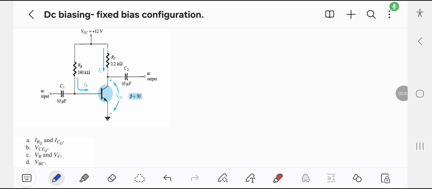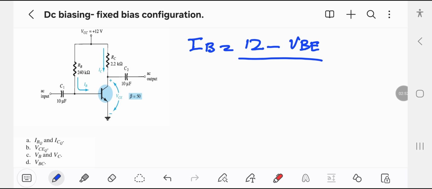Now for finding IB, VCC here is 12 volt minus VBE, which is actually 0.7 volt, divided by RB, which is 240 kilo ohm.